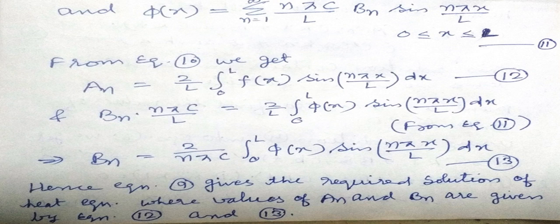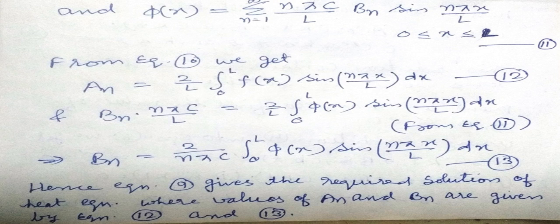This is equation 11. Now from equation 10 we can get an equal to 2 upon l integral of f(x) sin n pi x upon l dx, and similarly bn n pi c upon l is equal to 2 by l integral of phi(x) sin n pi x upon l dx.